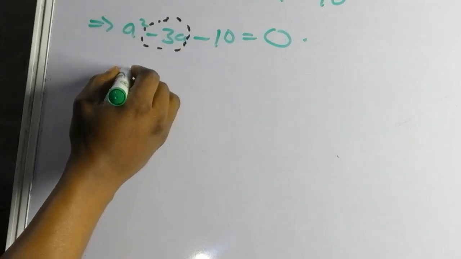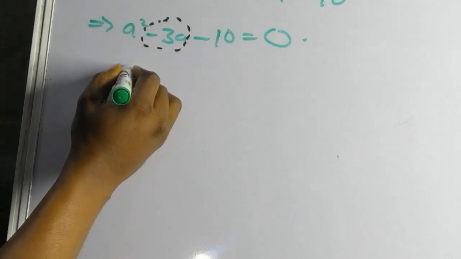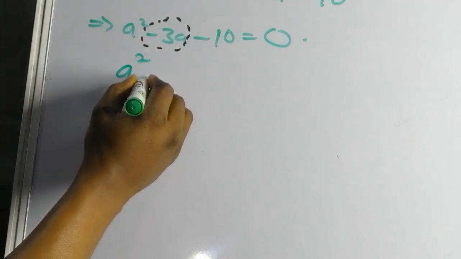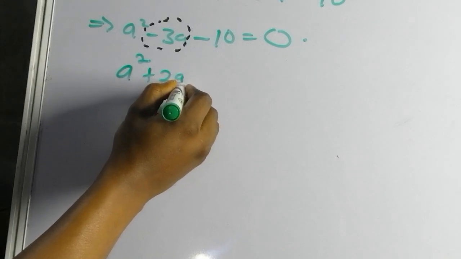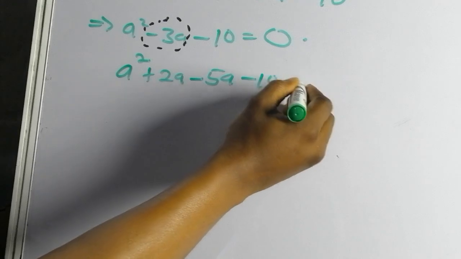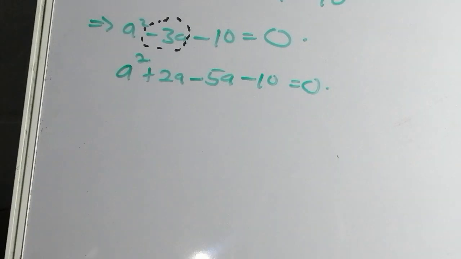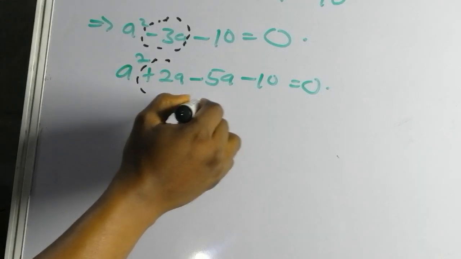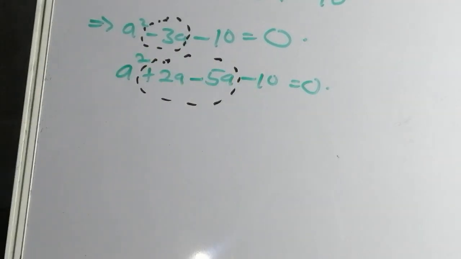So I will have to do this: a square plus 2a minus 5a minus 10 equals 0. How to manipulate this, how to get this under factorization, I've mentioned in those parts. Please go through them so that you can understand what we're trying to say.